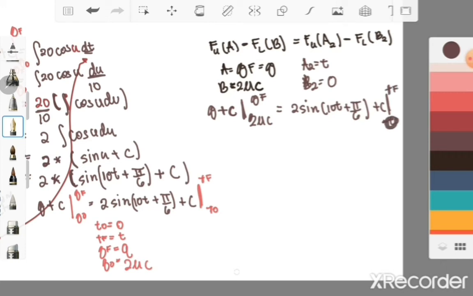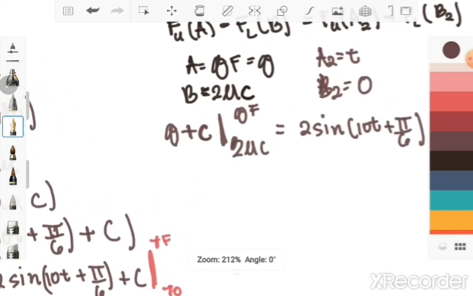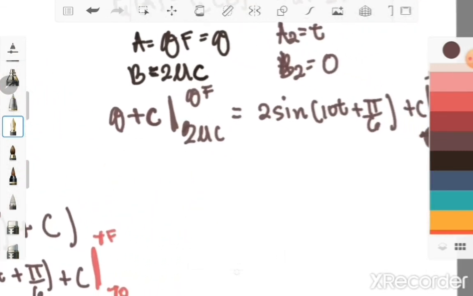Right? So, let's substitute. We have a value of Q plus C, which is equal to QF, or equal to Q. So, we put QF plus C.